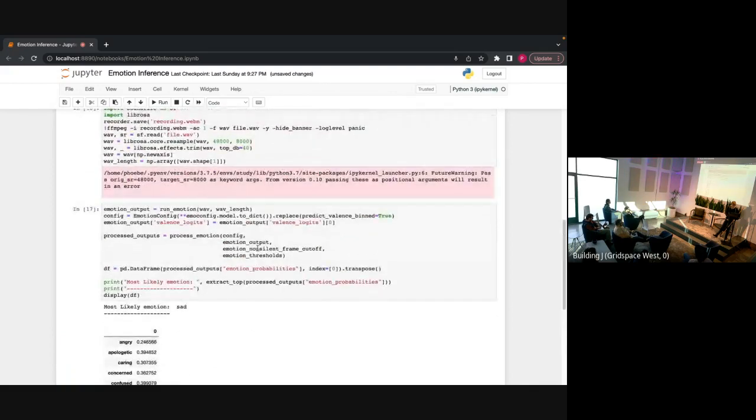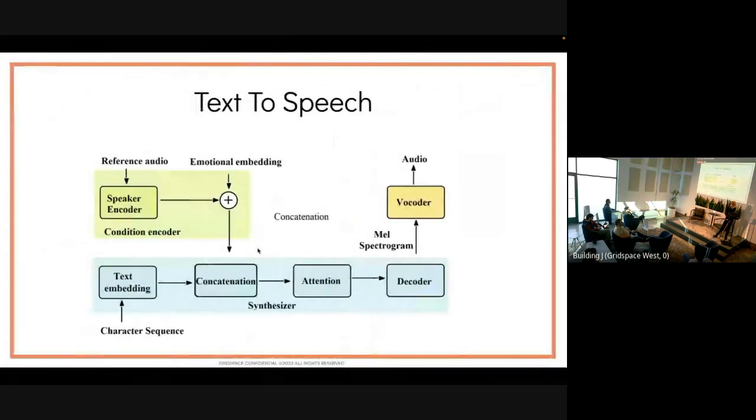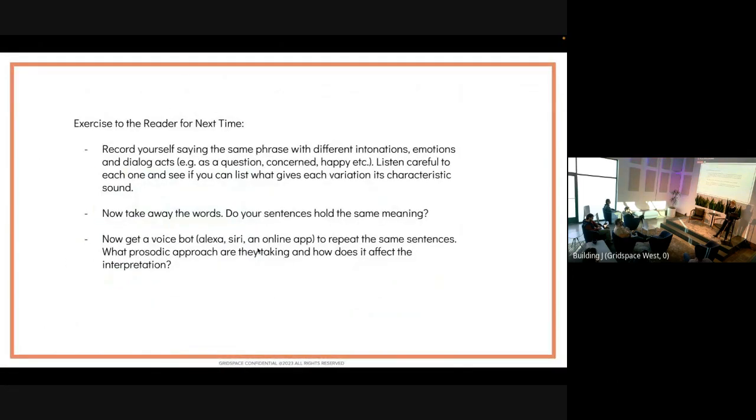Well, that's kind of all I've got for today. Oh, yeah, I have exercises. You're right, this is why we have slides. These are exercises for next time. Record yourself saying the same phrase with different intonations. See if you can identify what you particularly as a person use when you say a sentence to indicate things.